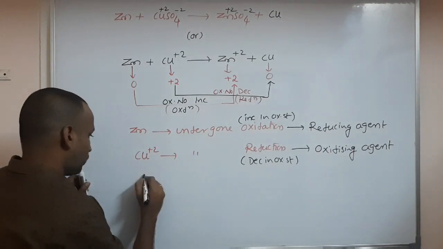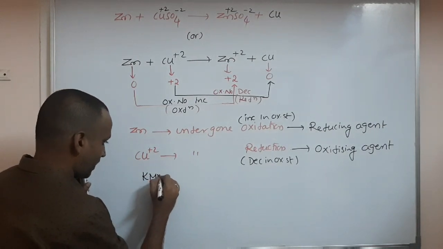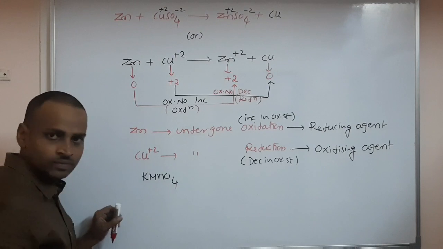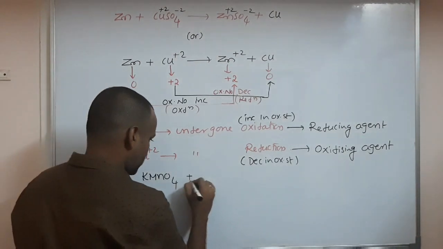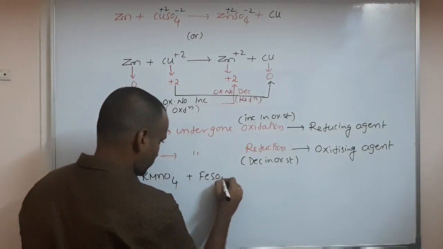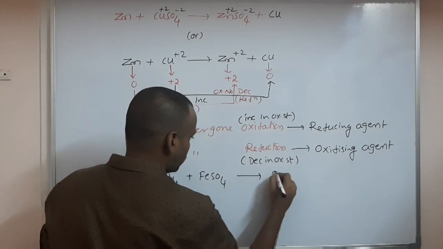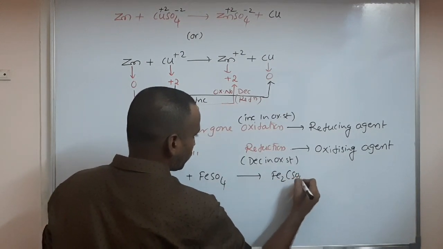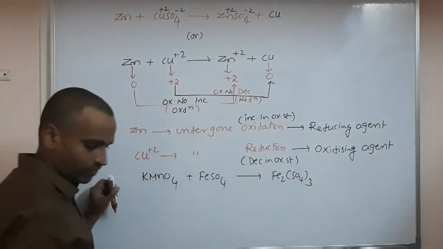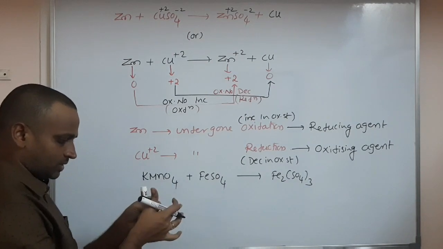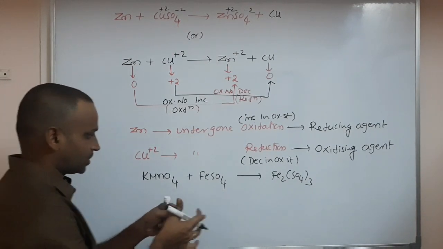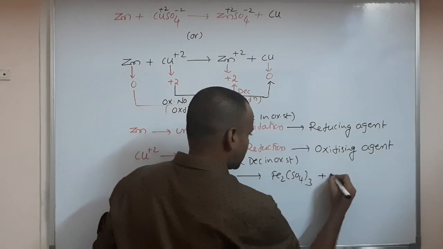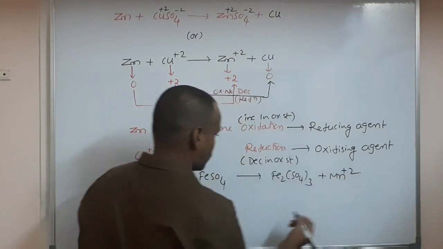I'll give you one more example: KMnO4 and FeSO4 converted to Fe2(SO4)3 and manganese plus 2.